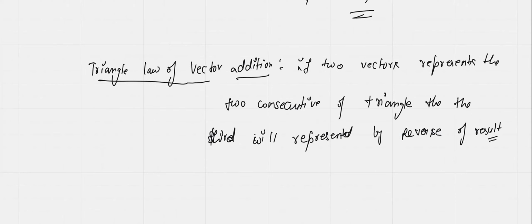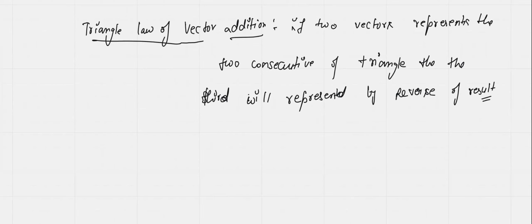Okay. So look very carefully. I am saying this is one side. I am saying this is another consecutive side. These are two consecutive sides. So let's say this is A, this is B. So you know what is going to be my third side? This is going to be my third side.